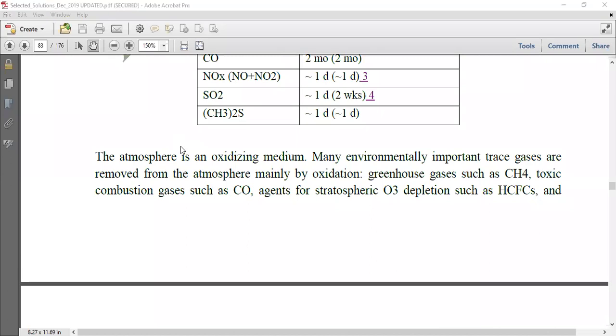The atmosphere is an oxidizing medium, because we have the OH radical there and other oxidants, especially the OH radical in the daytime.